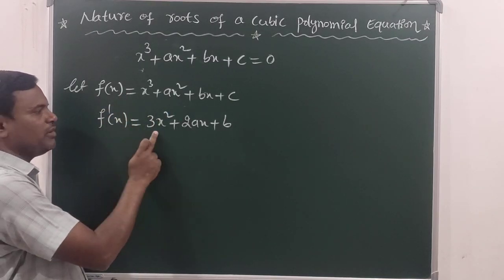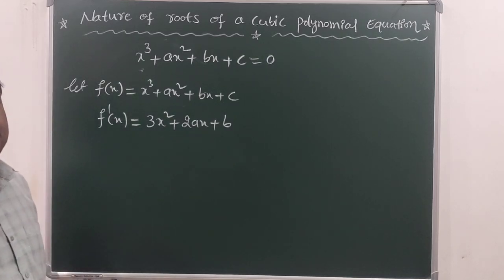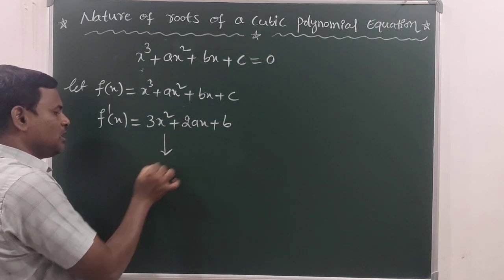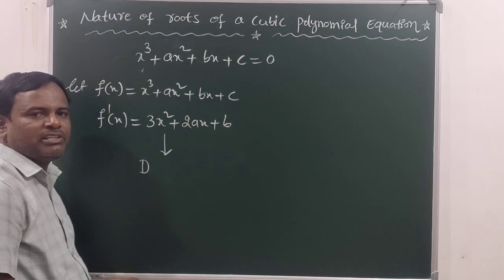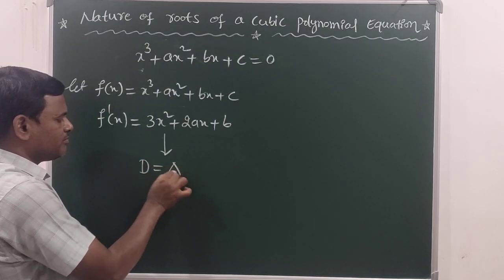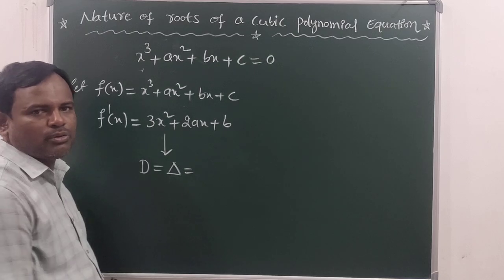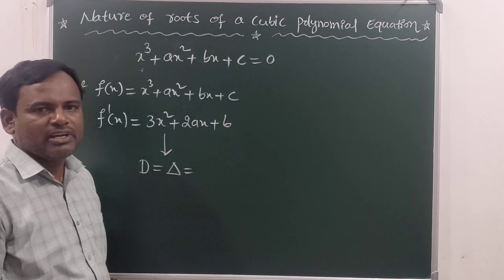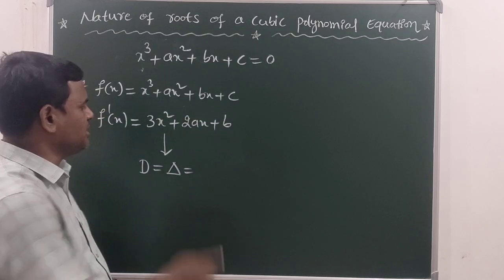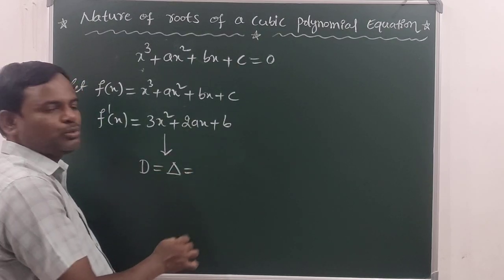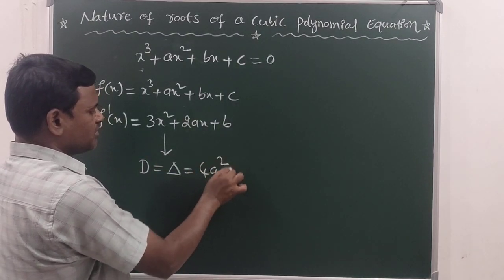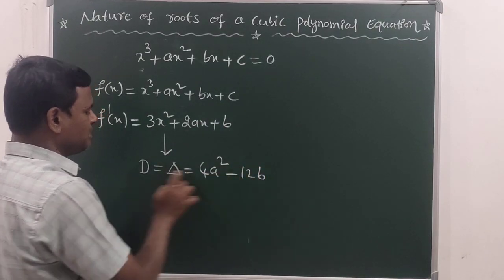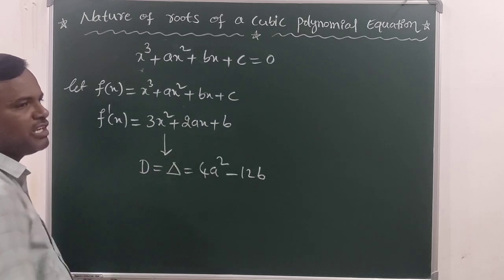After doing the first derivative, I got a quadratic equation. Find its discriminant value. It is denoted by the letter d or delta. Now you know the formula for the discriminant value of a quadratic equation, b square minus 4ac. In the place of b, there is 2a, so 4a square minus 4ac, 4 3s are 12, so 12b you will get. This is the discriminant value of this quadratic equation.